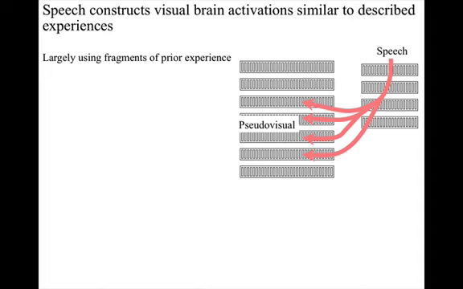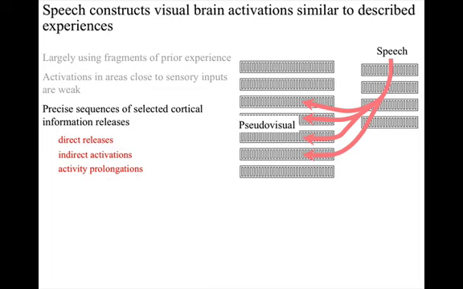This pseudo-visual experience is largely constructed from fragments of the column activity during many past sensory experiences. And as I stressed before, the experience falls well short of an actual visual hallucination.